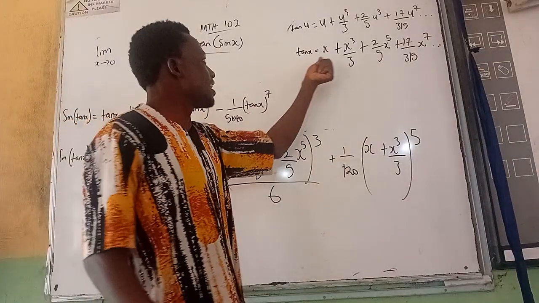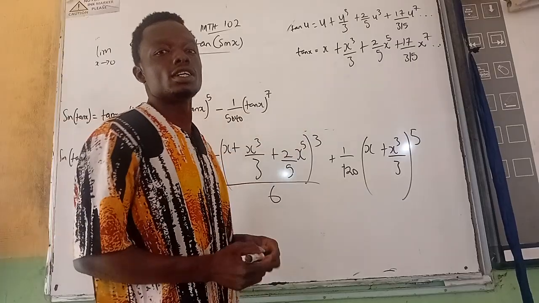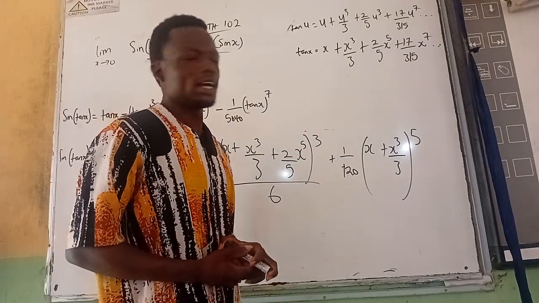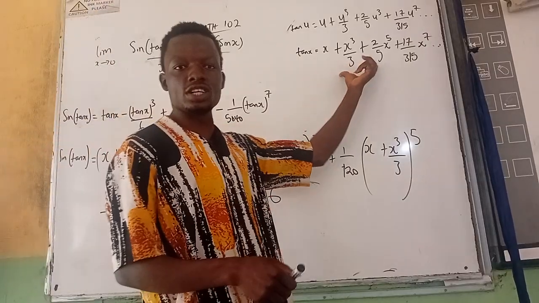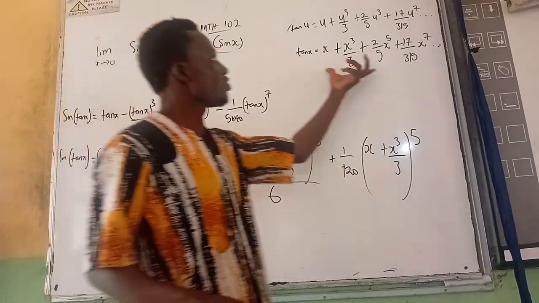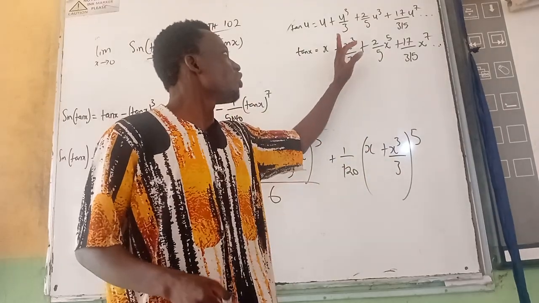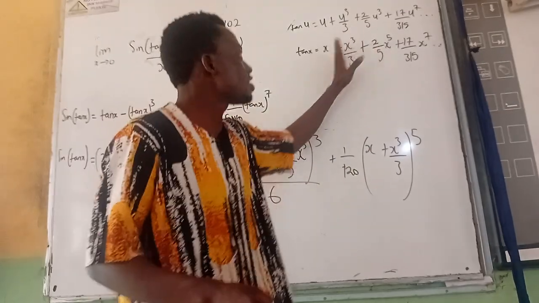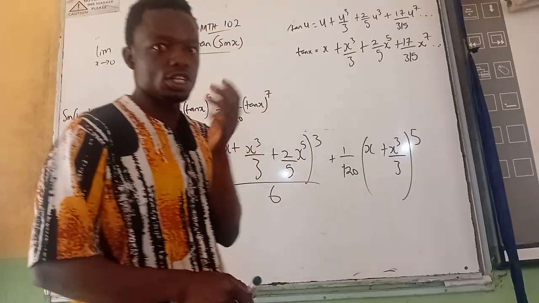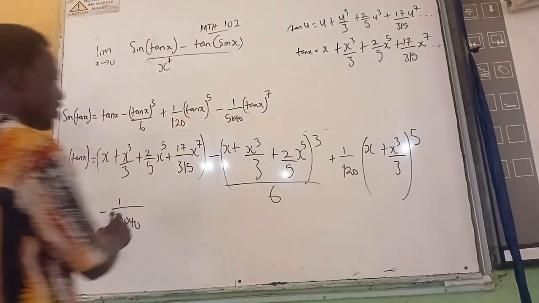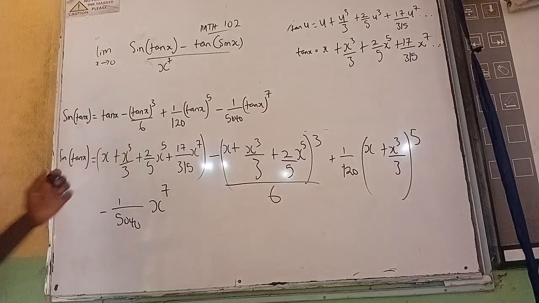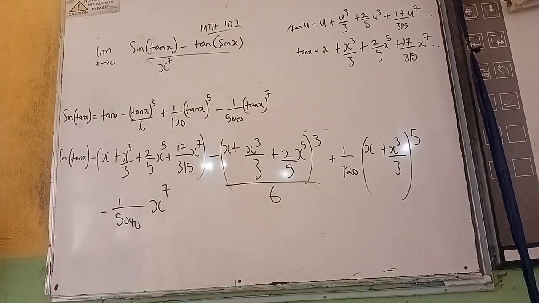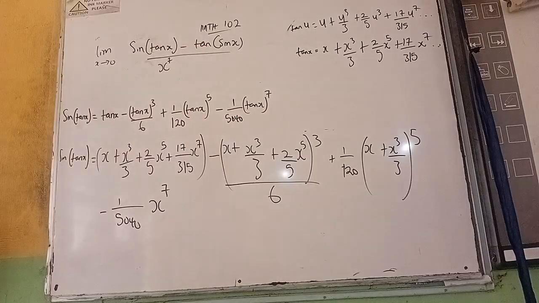So I can say my tan x is equivalent to x alone. Are we together? Here I say my tan x is equivalent to this 2. Here I say my tan x is equivalent to this 3. Here I say my tan x is equivalent to all this. From the second term, they are getting smaller, so they can be neglected. Do we get that? So 1 over 40 tan x^7, that's x raised to power 7. I hope that's clear. So now, I don't want to clean this.